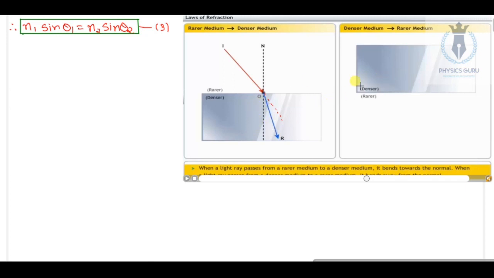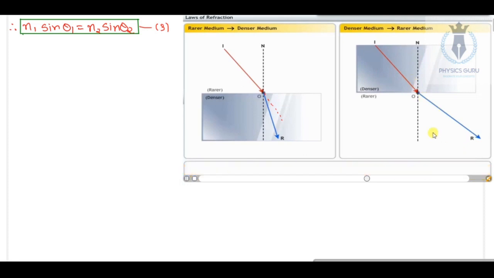That means it bends towards the normal. Similarly, when light enters from an optically denser medium to an optically rarer medium, it bends away from the normal. From this diagram it is clear, this is the actual path of the incident ray, but after refraction it bends away from the normal.